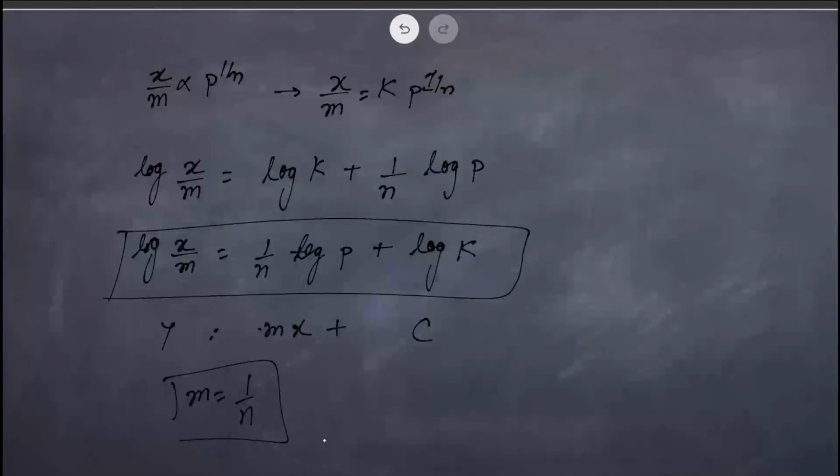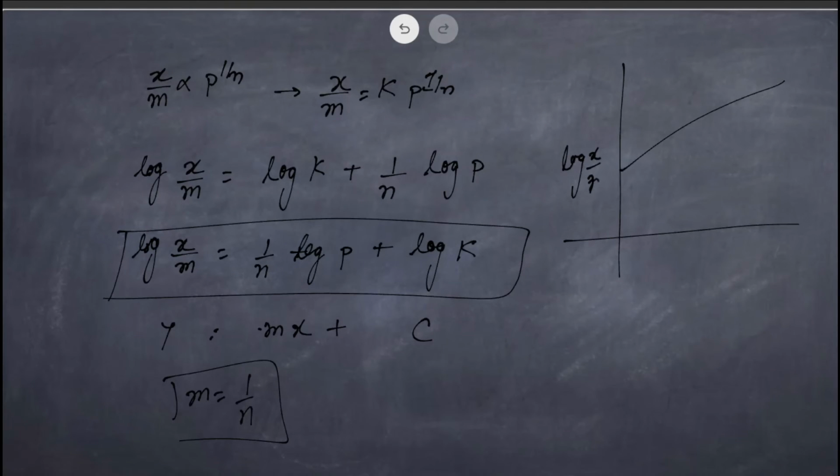Let us now draw the graph. Here we take log x by m, here we take log p, and log k is the intercept. Here you can see C, which means intercept. This is the intercept, and here the graph started.